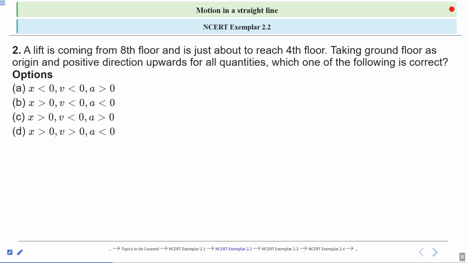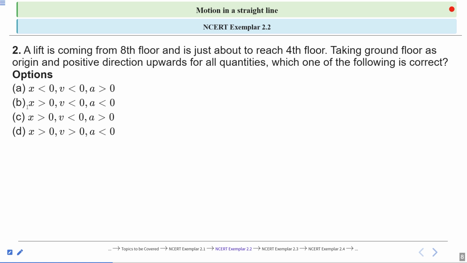A lift is coming from the 8th floor and is just about to reach the 4th floor, taking the ground floor as origin and positive direction upwards for all quantities. Which one of the following is correct? Option A: x is less than 0, v is less than 0, and a is greater than 0.